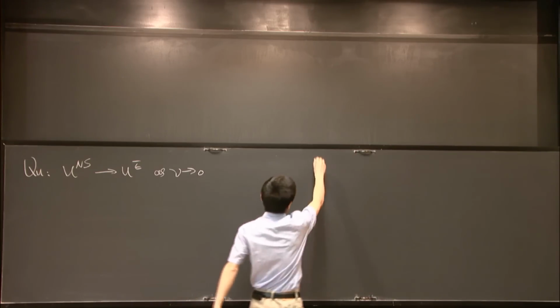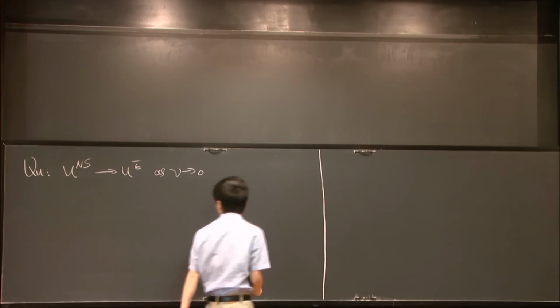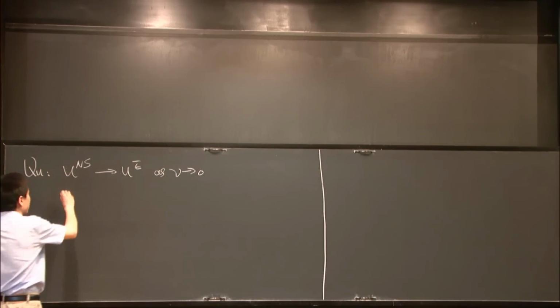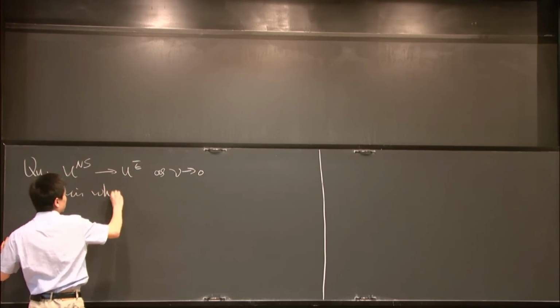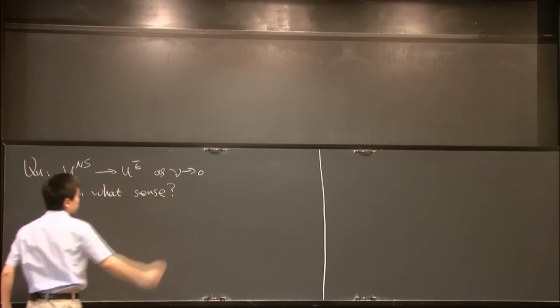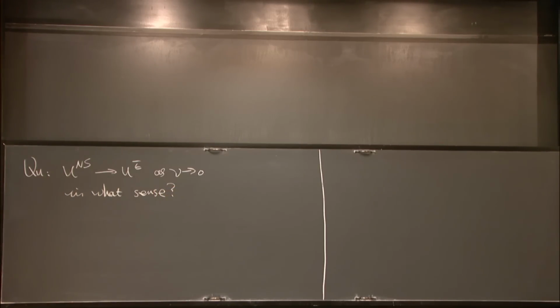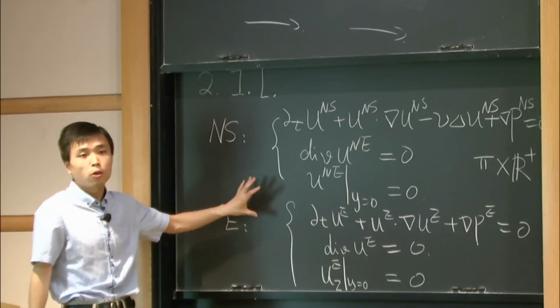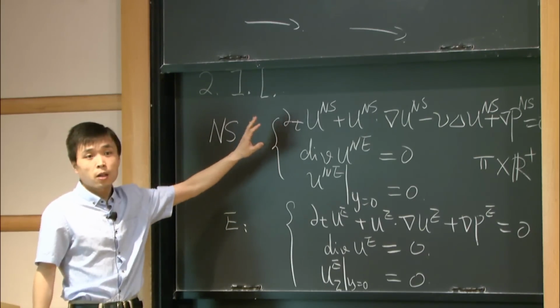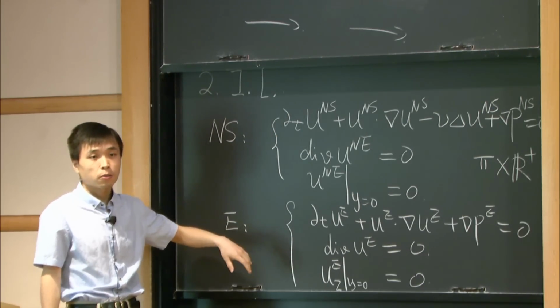And if we have this kind of convergence, in what sense do we have it? Right, in what sense? So we start with the same initial conditions? Oh yeah, we start with the same initial condition, or we can let the initial condition of the Navier-Stokes converge to that of the Euler equation.